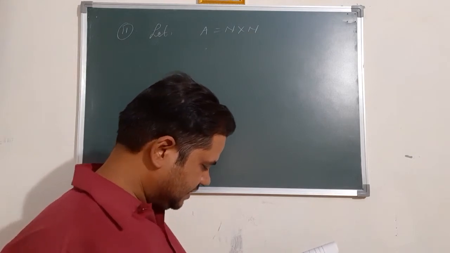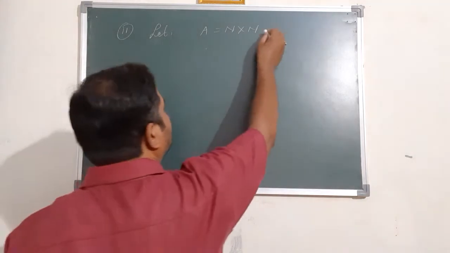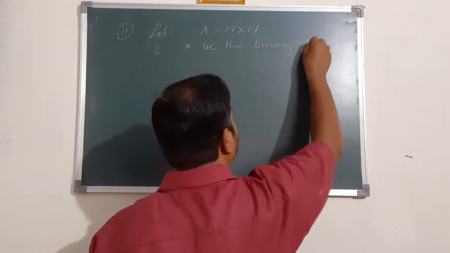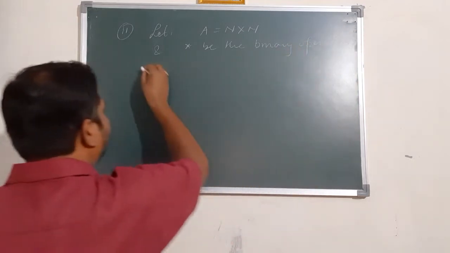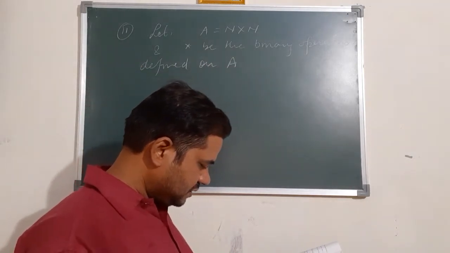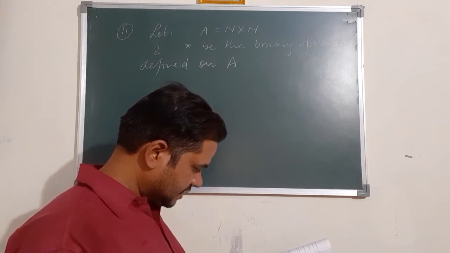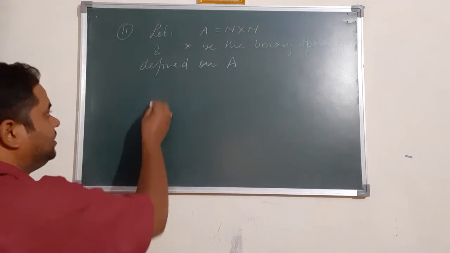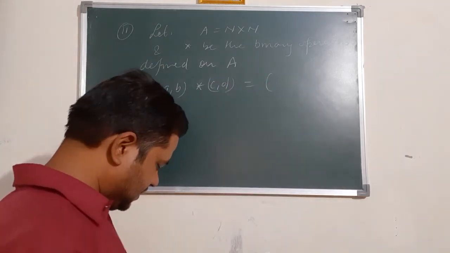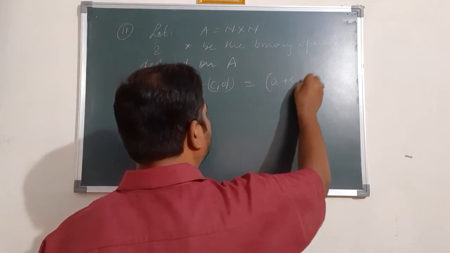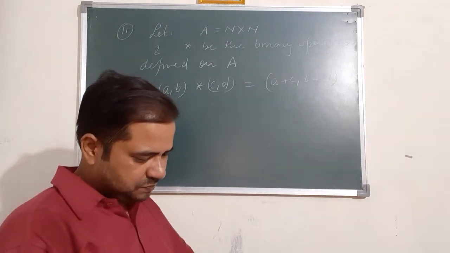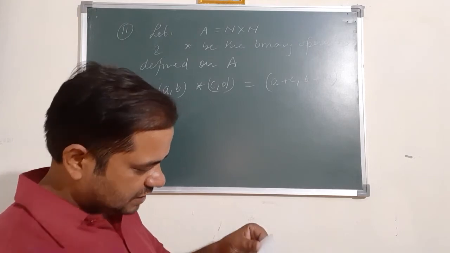Let A be equal to N cross N and star be the binary operation defined on A such that (a, b) star (c, d) is equal to (a plus c, b plus d), so that star is commutative and associative.